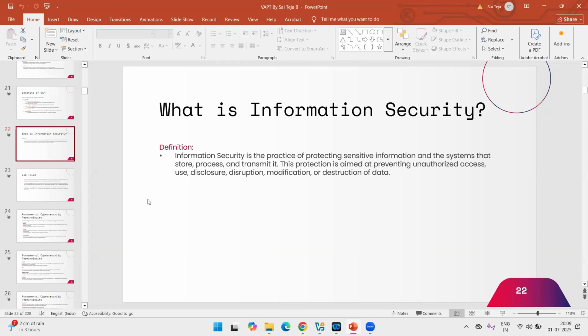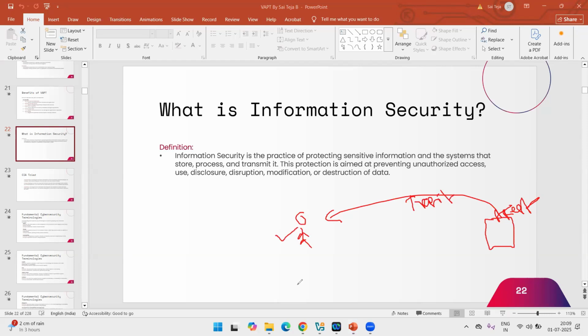See, information will be in three different stages, right? Suppose you're storing it in the database, it's at rest, right? Let's say if your information is stored somewhere in the DB, it is at rest, and if someone is accessing it, it is in transit, correct?